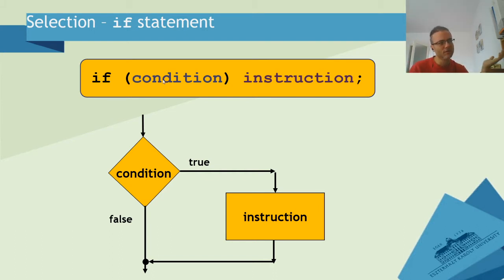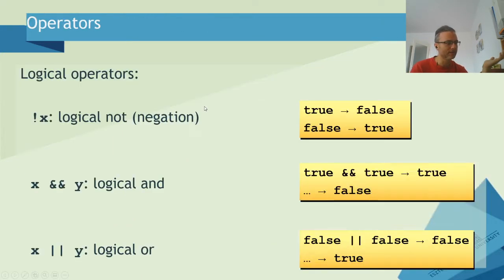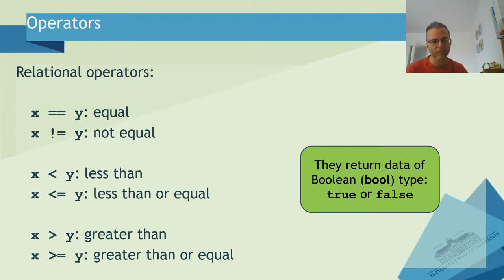So you must be able to assemble a condition, and for this you definitely need relation operators. You want to check if, I don't know, two variables are equal, or x is less than the other variable, and so on. You know those relation operators from mathematics.